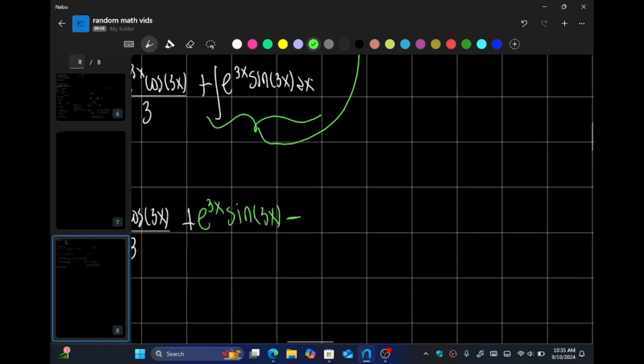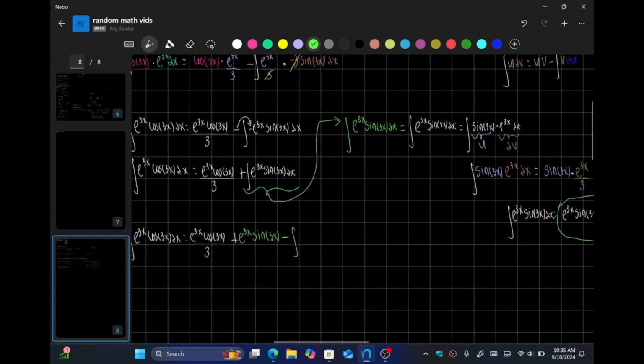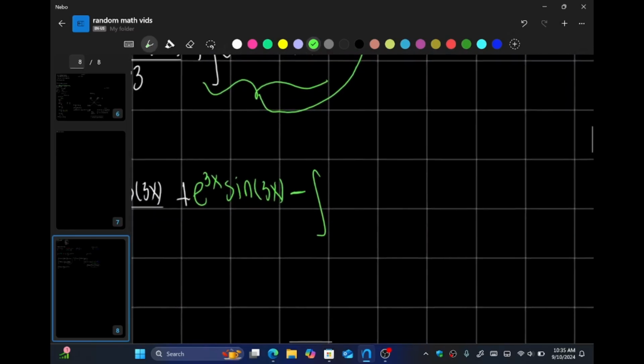And then minus integral of e to the 3x cosine 3x dx.